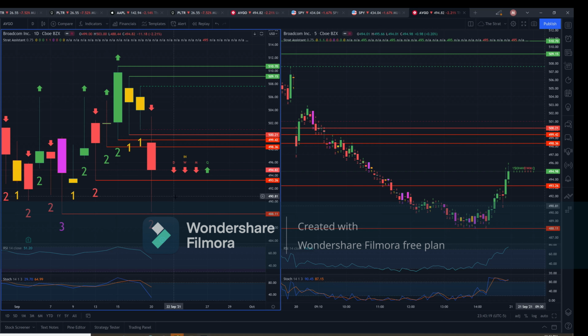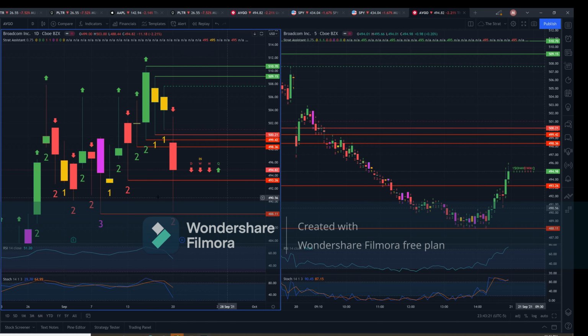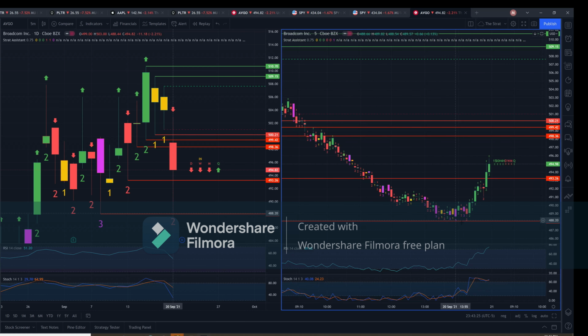So it actually touched all of our targets, or it almost touched this final target, and you can see that it actually acted as support. This is also right around when SPY started reversing, so definitely could have been your exit right here.